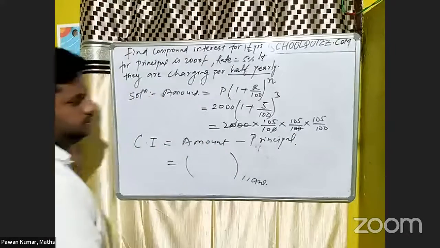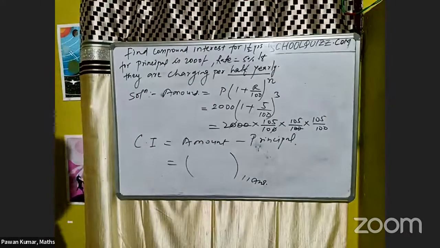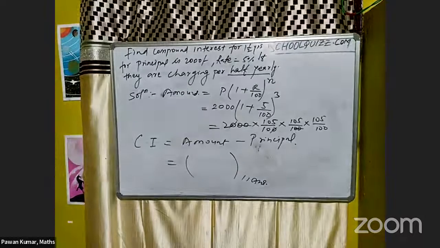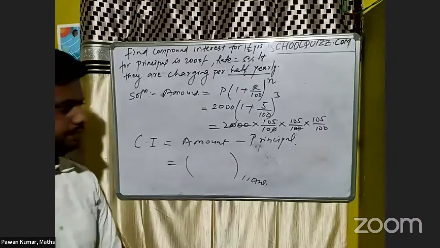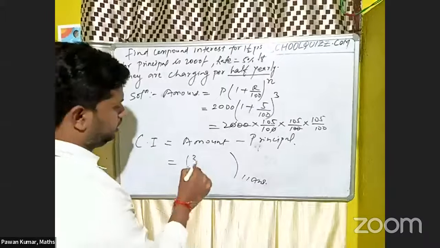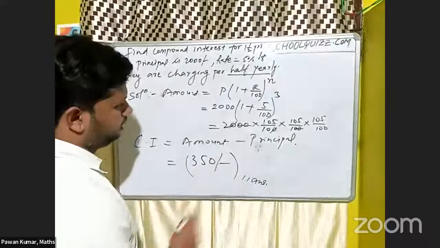You can do it easily. So 10 is there, so just shift the decimal. The interest will be 350 rupees.